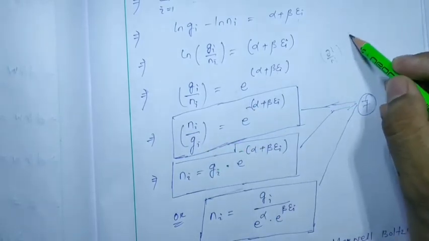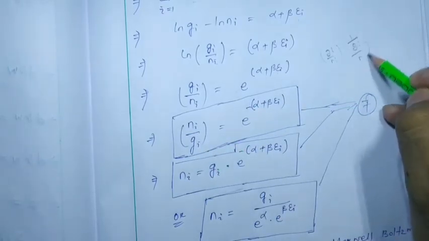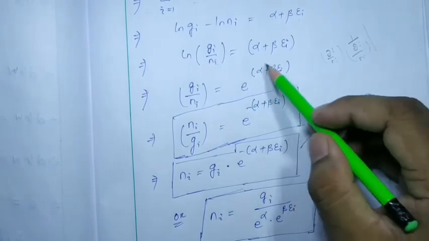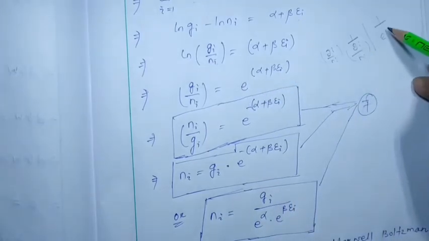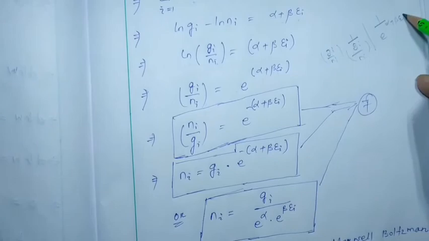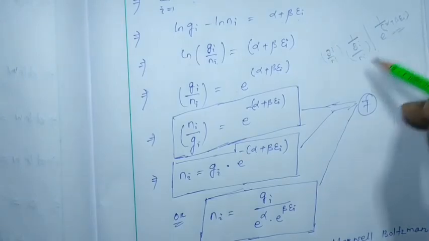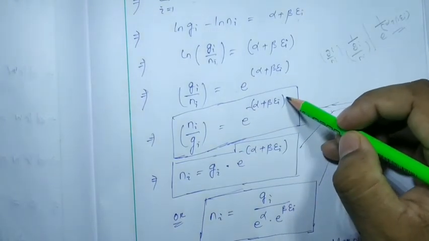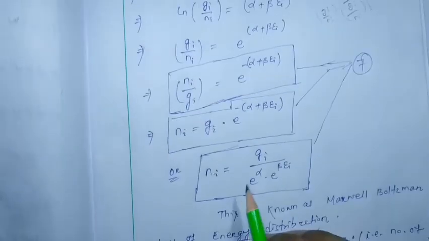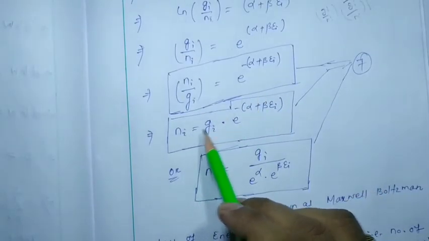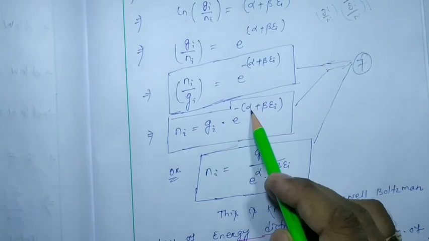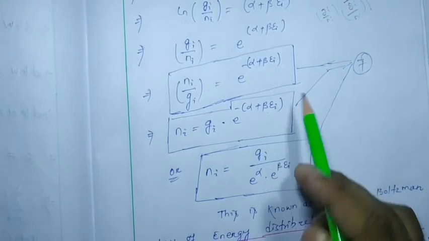If I consider 1 by gi by ni, on the right-hand side also 1 by e to the power alpha plus beta epsilon i. So that means e to the power minus alpha plus beta epsilon i. Or this can be written as ni equal to gi into e to the minus alpha plus beta epsilon i.